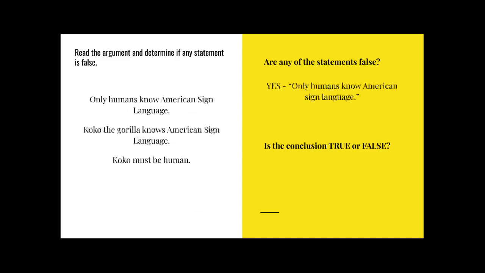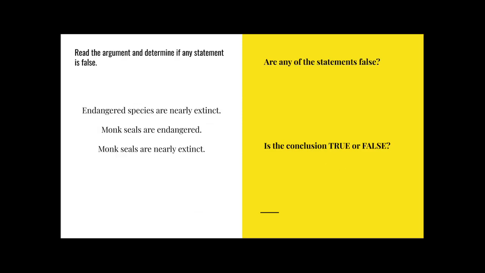This statement is false because when you look at the second statement, it says Coco the gorilla knows American Sign Language. Coco the gorilla is obviously not a human. Coco is a gorilla. So the first statement of only humans know American Sign Language is automatically false. Therefore, the conclusion is false.